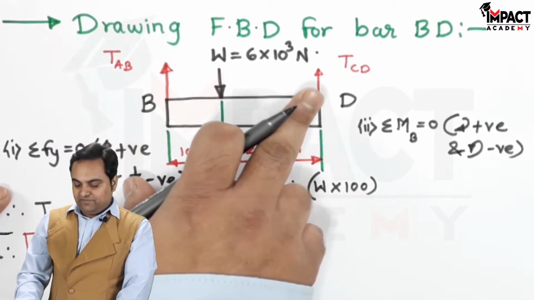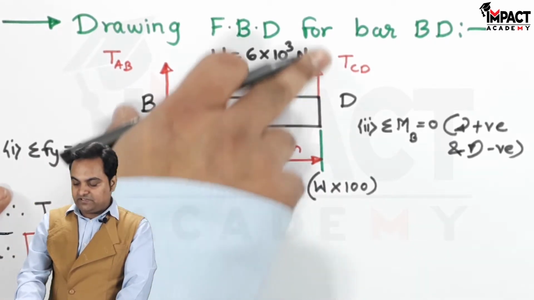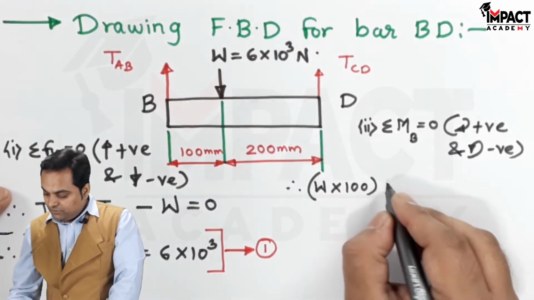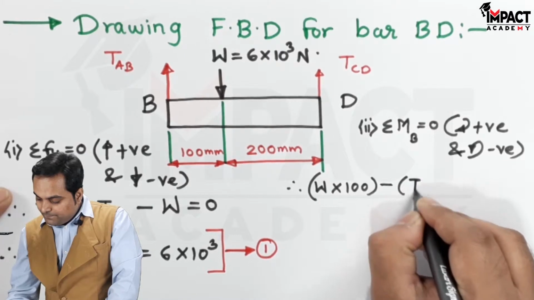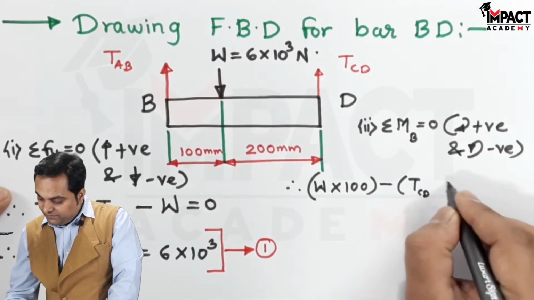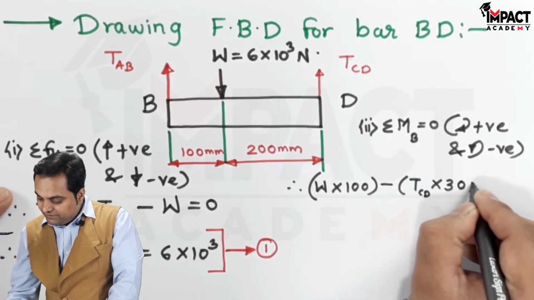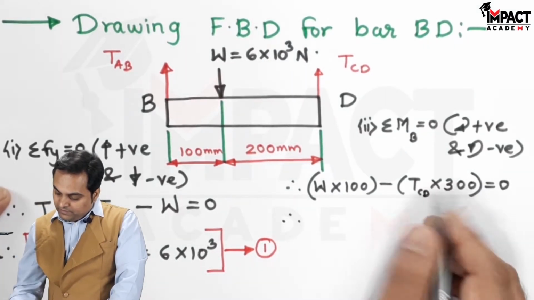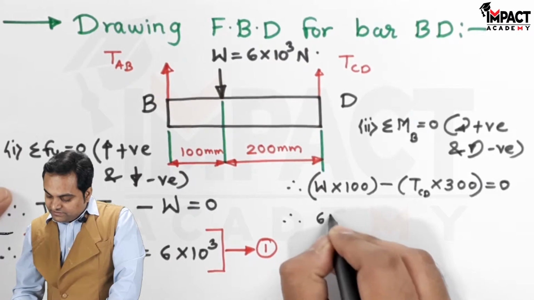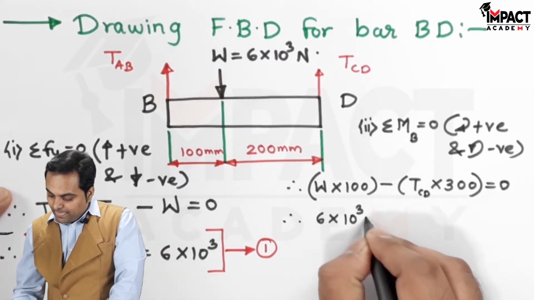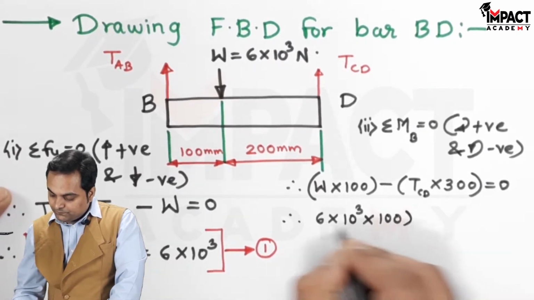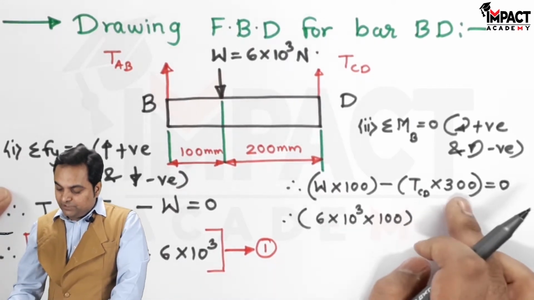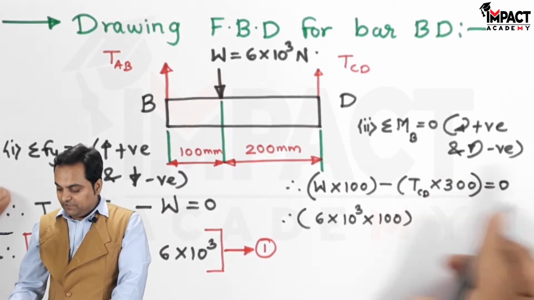Now TCD, when I take the moment at point B, it is coming in the anti-clockwise direction, so it is minus TCD into the total distance 300, that is equal to 0. So therefore, W, which is 6 into 10 raised to 3 Newton, minus TCD into 300, when it goes to the other side, becomes plus.